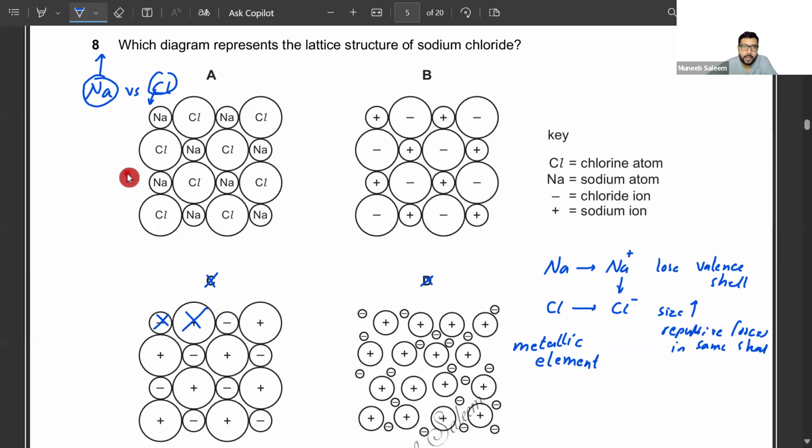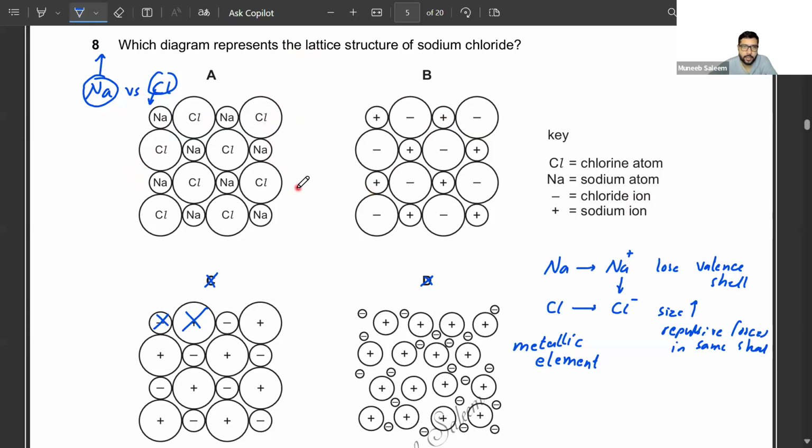One more thing, within the lattice structure, we should remember there are ions present in the lattice structure, not the atoms. The atoms are not present in the lattice structure. In fact, there are the ions that are present within the lattice structure.